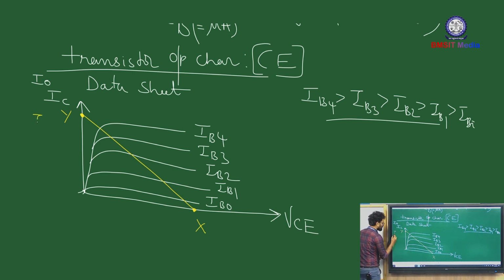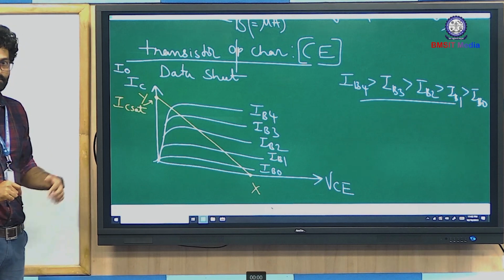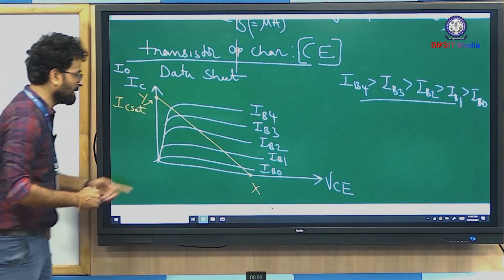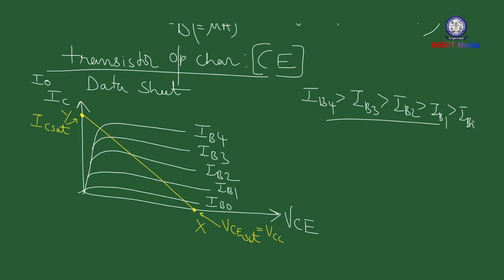When we carry out the load line analysis, you would find that this y-intercept corresponds to IC saturation value. This y-intercept is nothing but IC saturation, which is the maximum collector current. On the other hand, the point located at the x position is called VCE saturation, which is the maximum collector to emitter voltage, equal to the power supply voltage VCC.